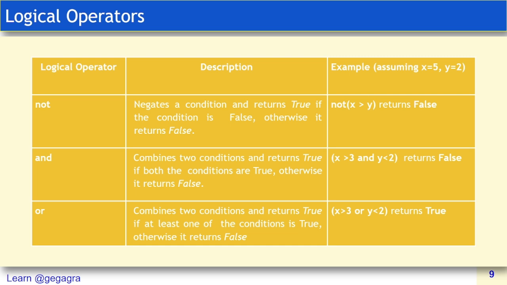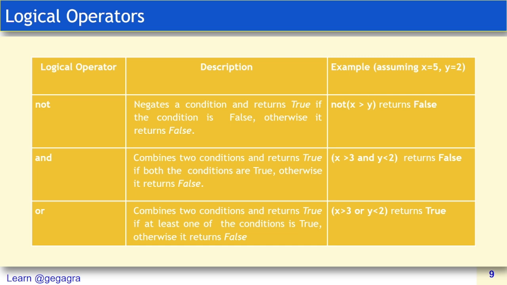Similarly, when we combine conditions using AND, it combines two conditions and returns true if all the conditions combined using AND are true. Otherwise, it returns false. So since x is 5 and y is 2, if you check x greater than 3 and y less than 2, x is greater than 3 but y is not less than 2, and that is why this statement will return false.